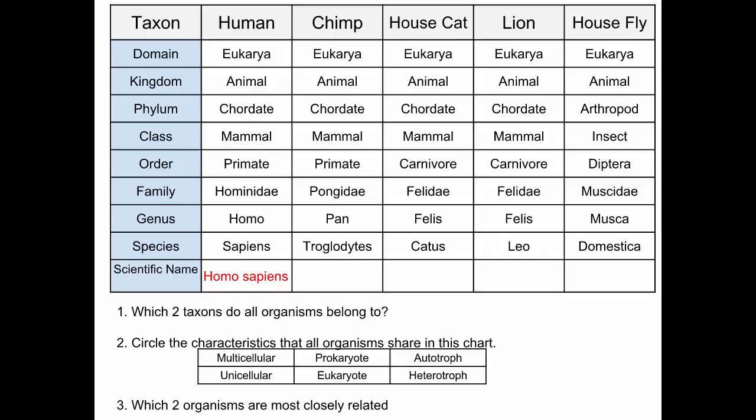What's the scientific name of a chimp? Kai? Correct. Pan troglodytes. How about a house cat? Jordan? Yep, Felis catus.